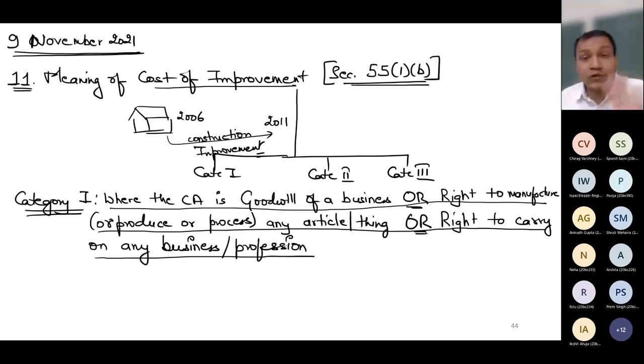Goodwill of a business, not goodwill of a profession. Just because goodwill of a business is written, don't assume that it is applicable even for goodwill of a profession. Profession and business are separate things. I'm a professional, I'm a teacher, but teaching is not a business for me.